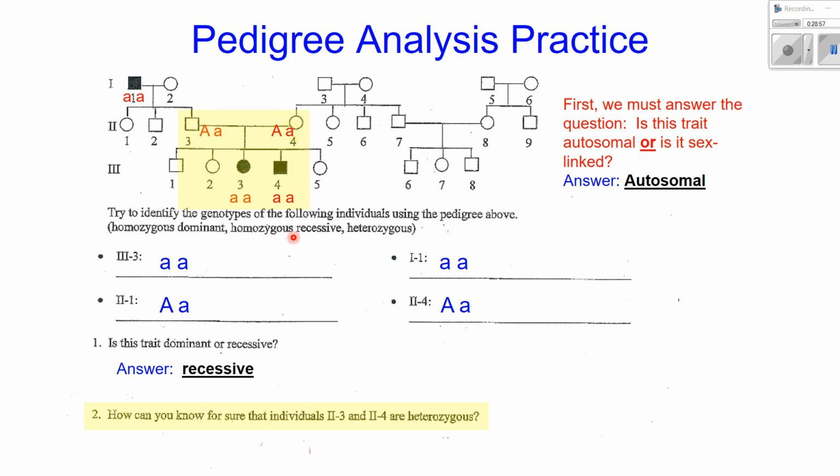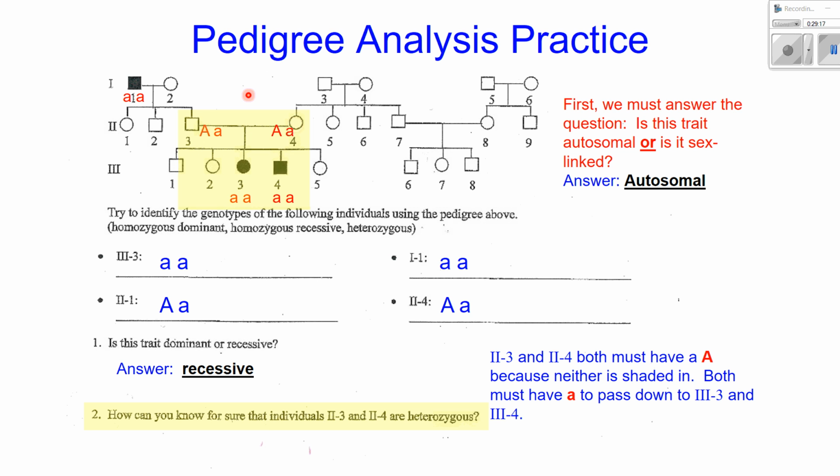Okay. How can you know for sure that individual 2-3, that's this guy, and individual 2-4, that's his wife right here, how do I know for sure that they are heterozygous? Well, it's pretty simple. I know they both have to have a big A because they're not shaded in. If they were little a, they would be shaded in.